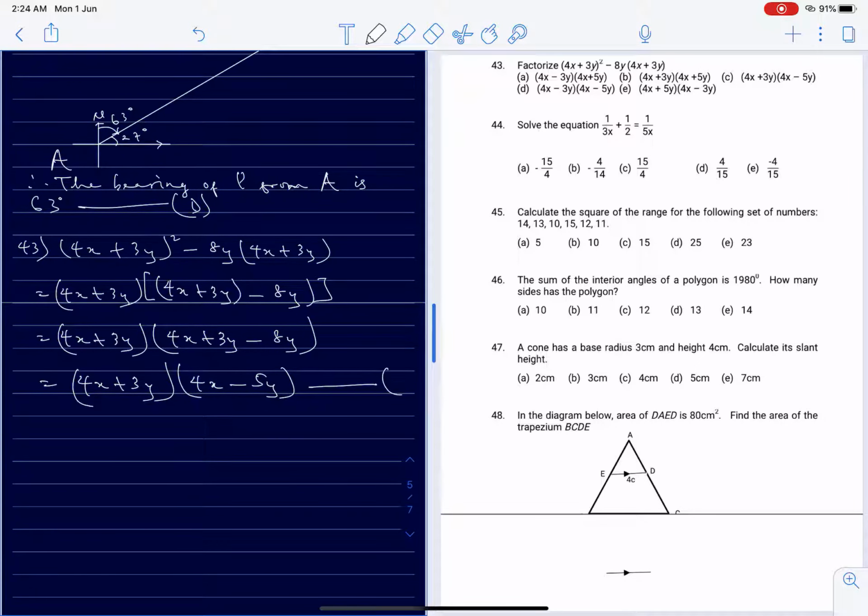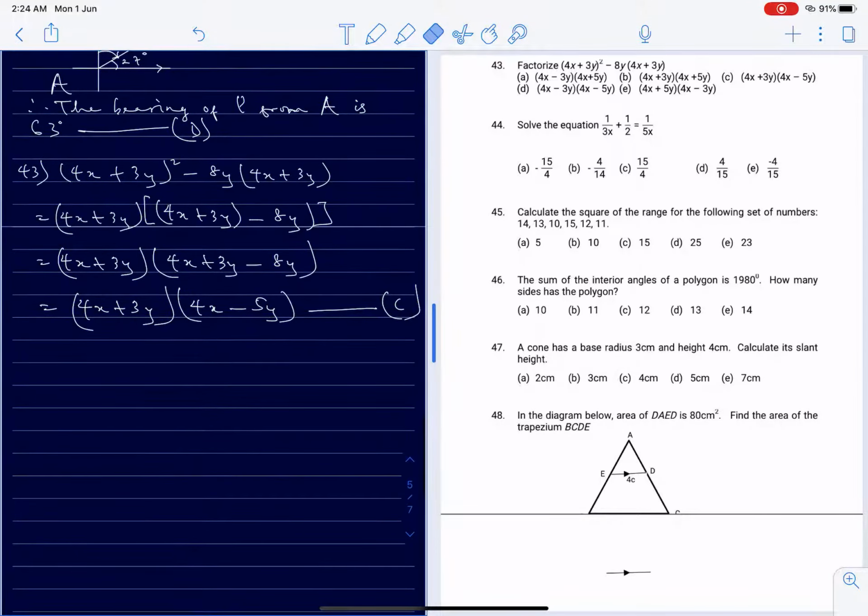And the correct option is 4x plus 3y times 4x minus 5y. The correct option is C.